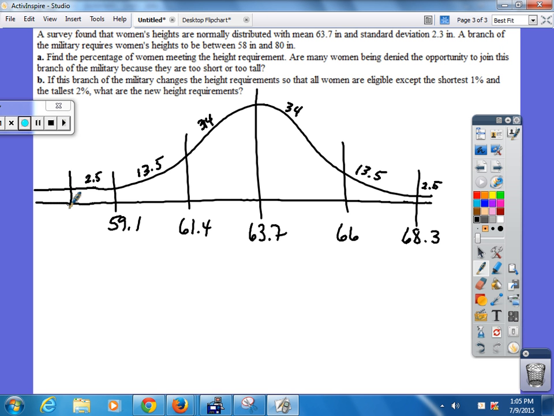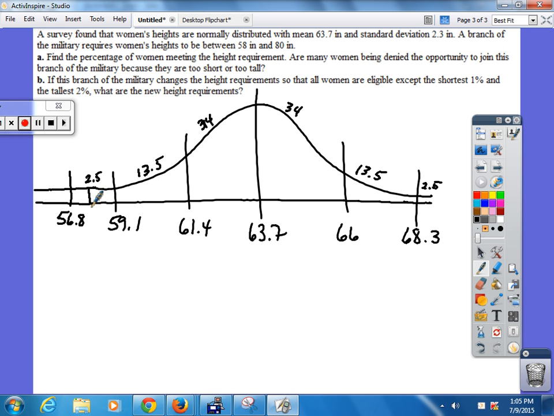Let's go ahead and do another standard deviation. What's 59.1 minus 2.3? 56.8? What is it? All right, you know this is 2.5%, so what would half of it be? 1 point something? So, I'm going to put that right there.